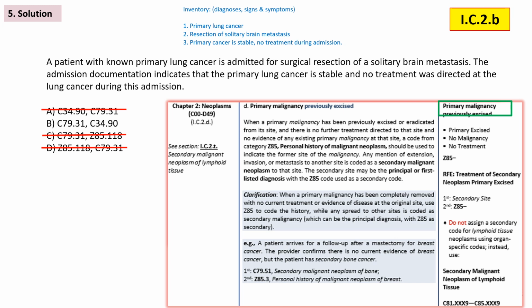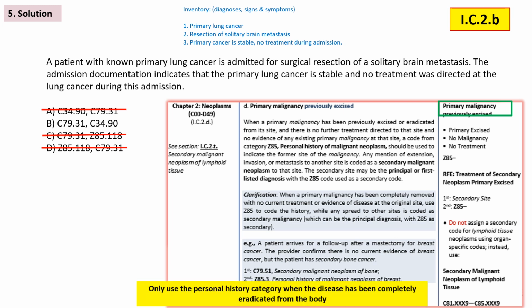So if that patient still has cancer, you do not use the Z85 category. Only use it when it's been completely eradicated. And on that note, B is our answer. And if you said B, outstanding, coders.